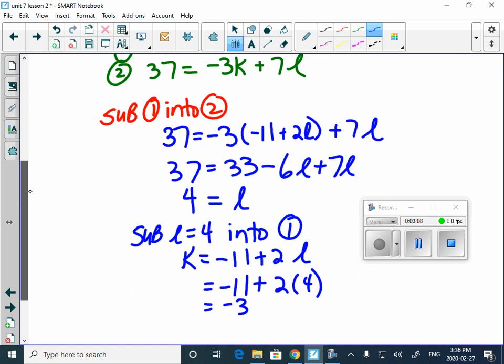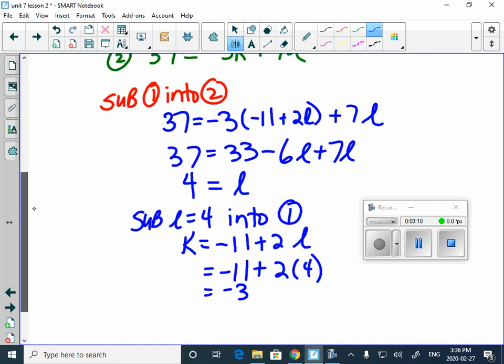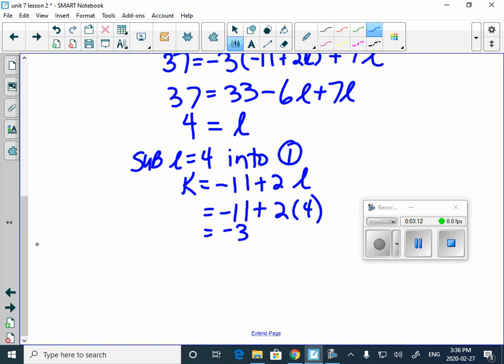So if k is negative 3 and l is 4, will I be consistent? So I'm going to check with equation number 1, because it is entirely possible that I have made a mistake.